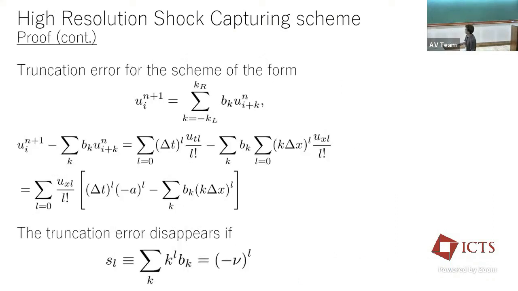So let's seek the truncation error for a scheme of this form by using the Taylor expansion around u at n and i.